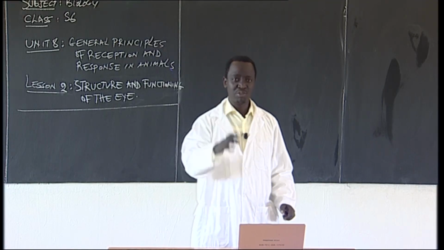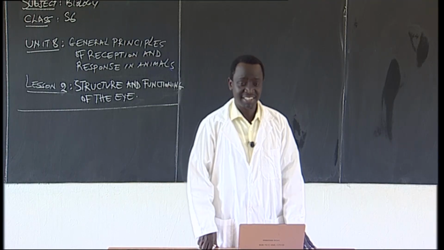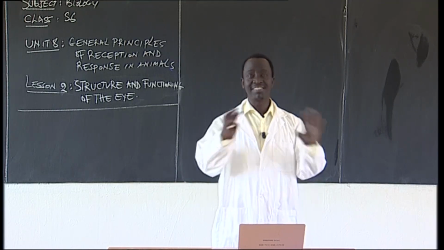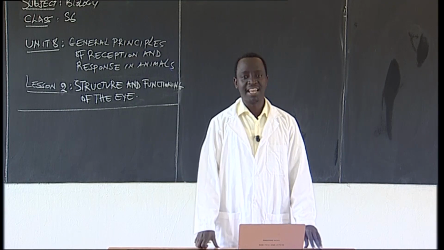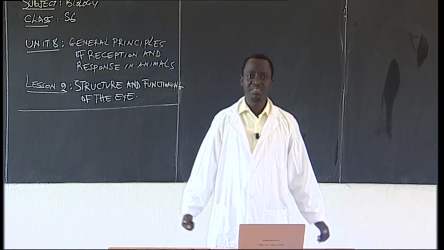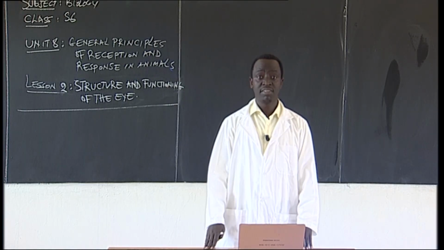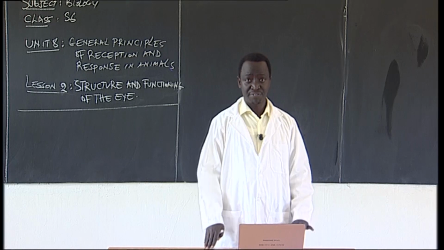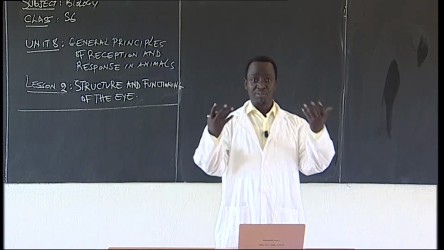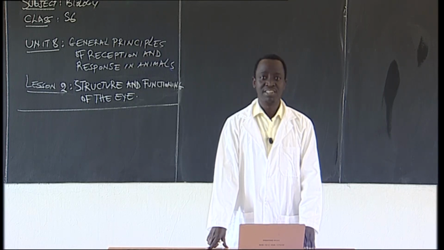Yes, it helps us to see. The sense of that is what we call sight, which means the eye is very important. If you don't have the eye, you cannot see a good image. You cannot see the colors. The eye is a very important organ.